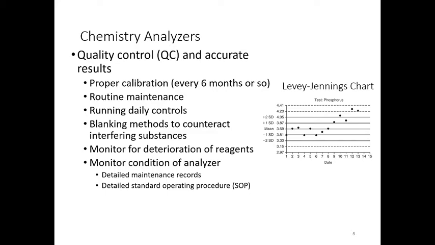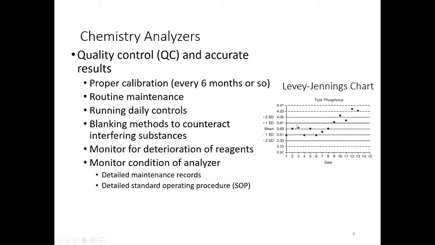Daily controls tell us for each test if we are within the normal limits. If you look at this Levey-Jennings chart, you can see that we're marking down where the phosphorus is testing with our control sample. We will get a control sample sent to us now and again, especially with IDEXX tested machines. Heska as well does controls.